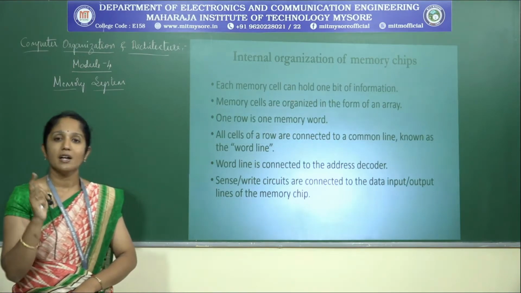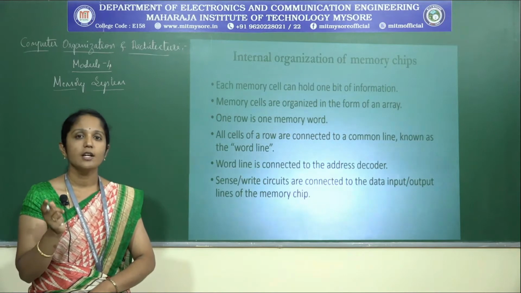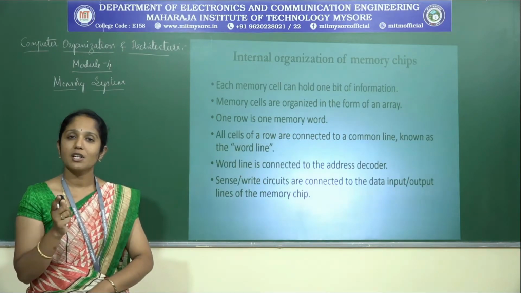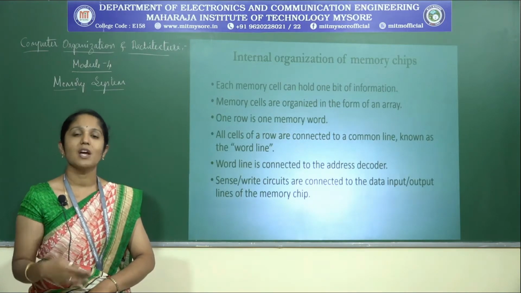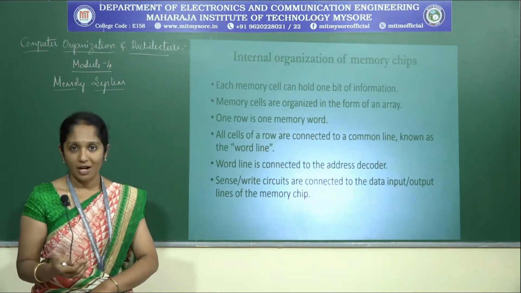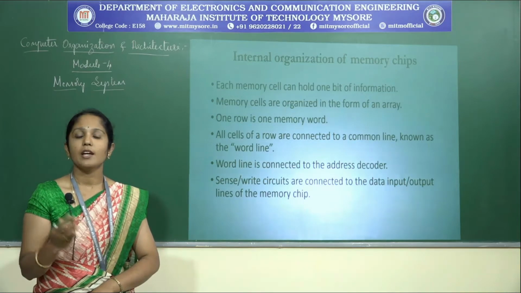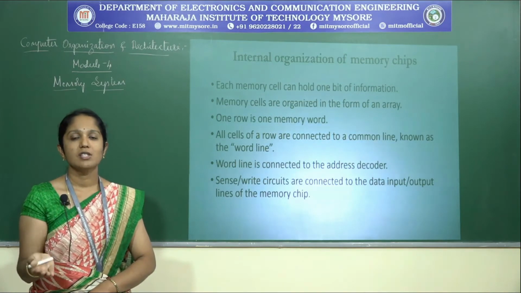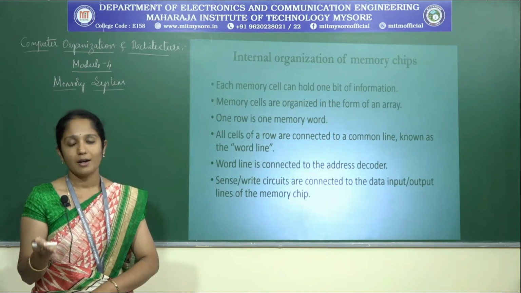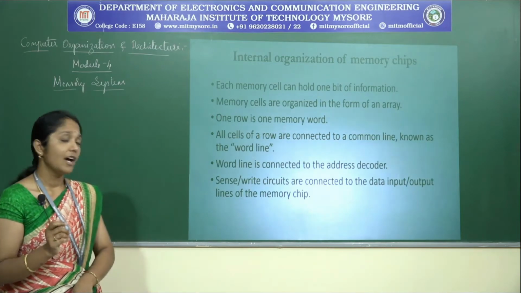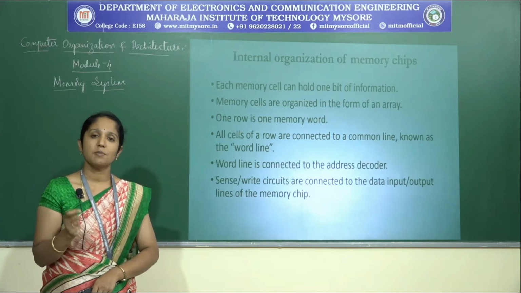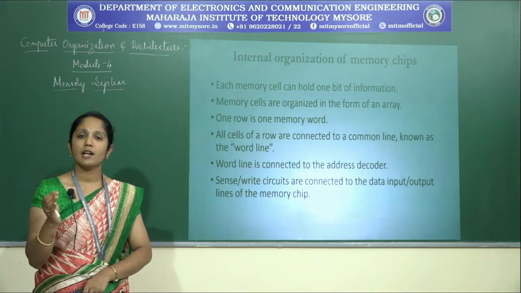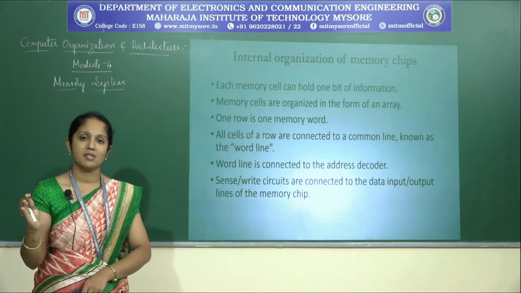One is read or write bar, which indicates the direction of operation, whether we have to read or write. That is decided by the signal present on the read or write bar control line. Another control line is CS, the chip select, which selects one of the chips in a multi-chip system.